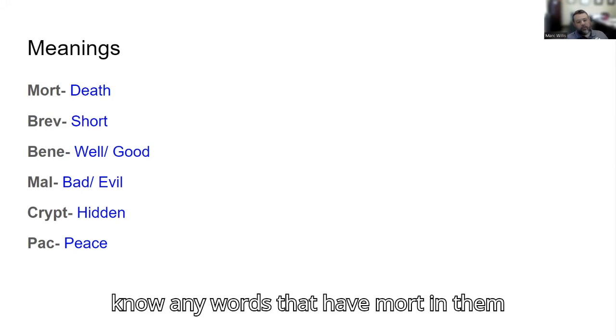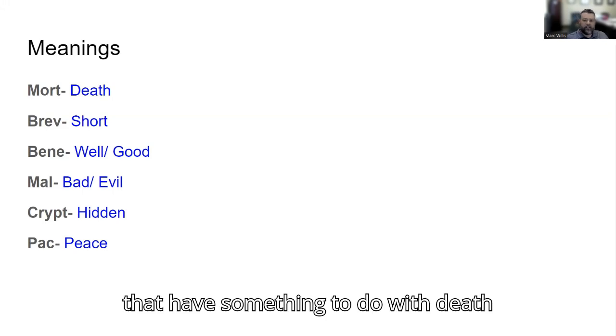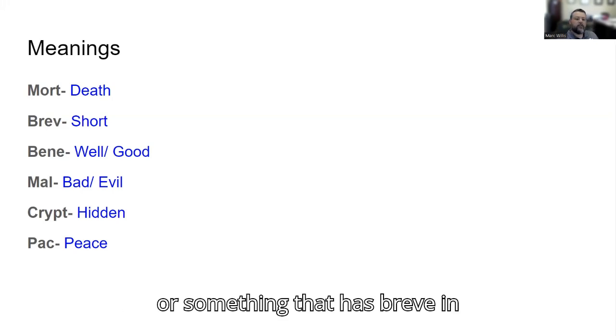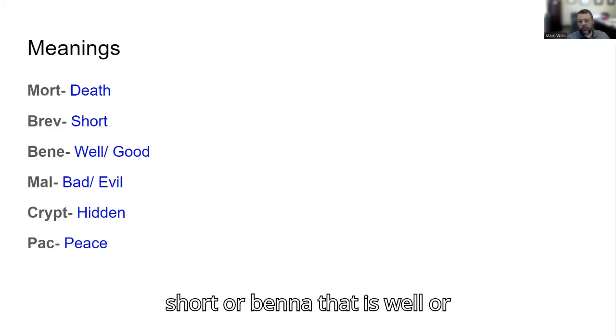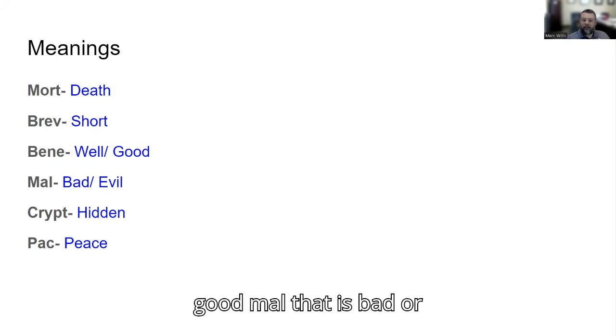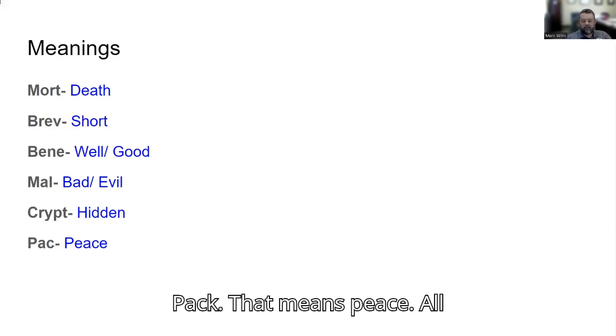Do you know any words that have mort in them that have something to do with death? Or something that has brev in it that has something to do with being short? Or bene that is well or good? Mal that is bad or evil? Crypt that's hidden? Pac that means peace?